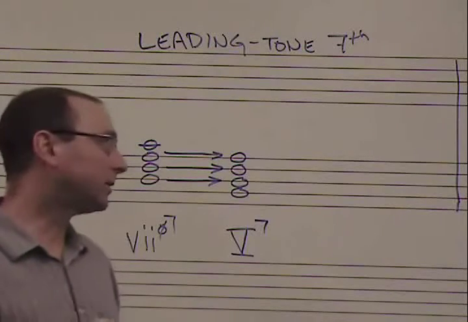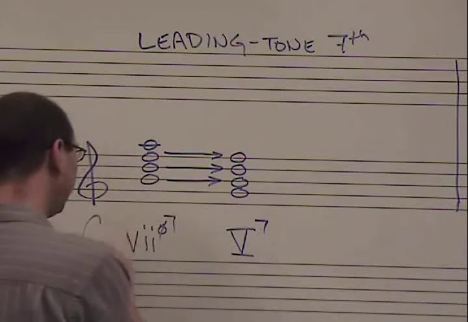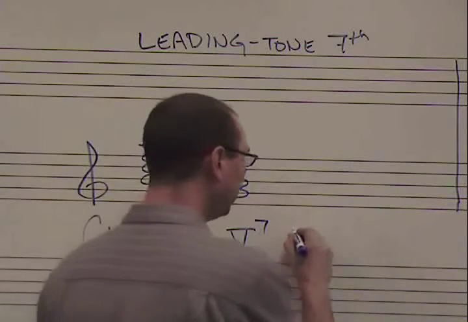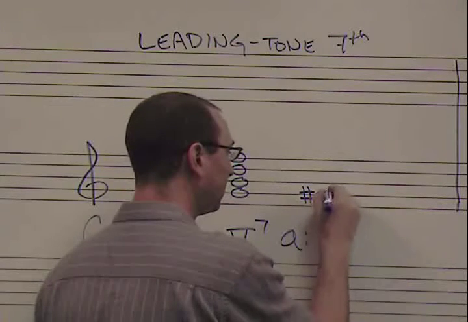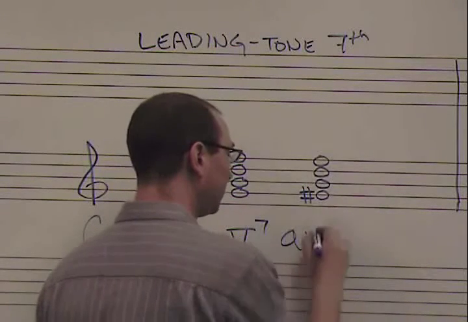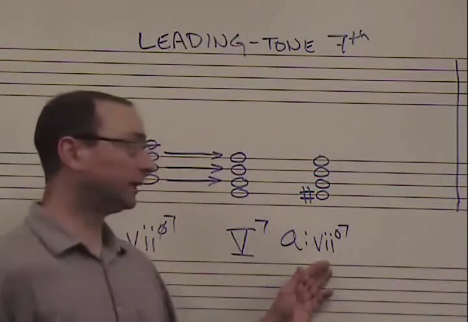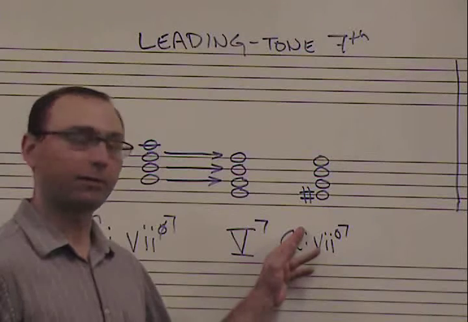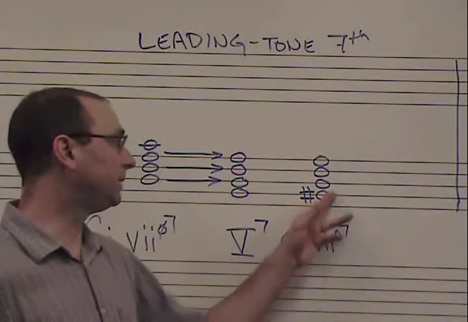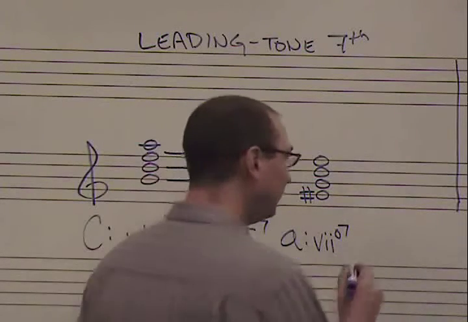This is true in minor keys as well. If we go back to A minor, remember the leading tone diminished 7th chord is a fully diminished 7th chord because of the diminished triad and the diminished 7th. Compare that with the dominant.